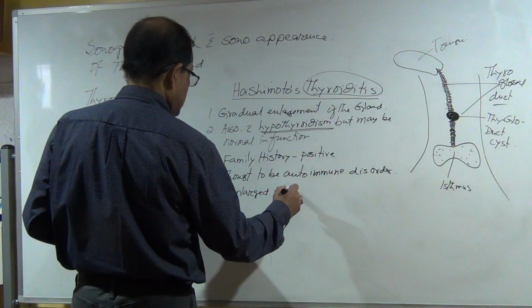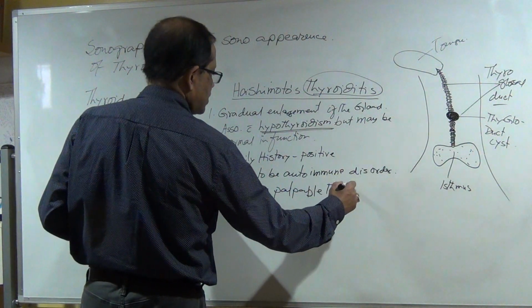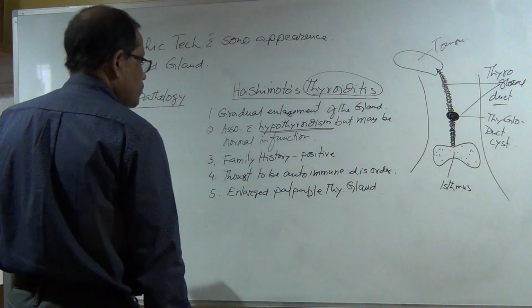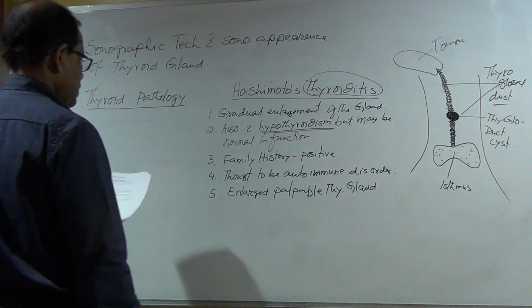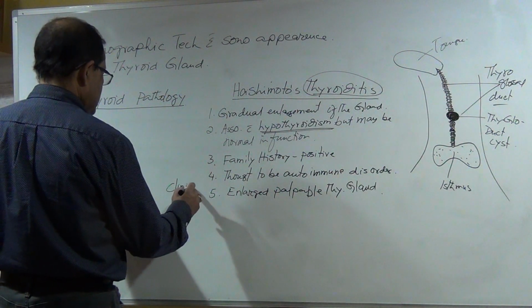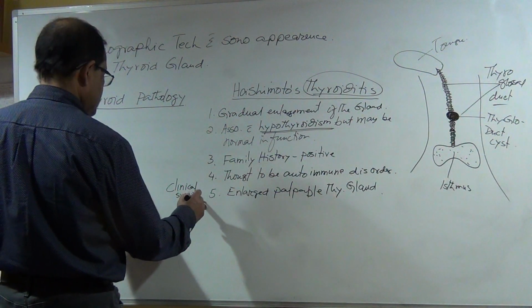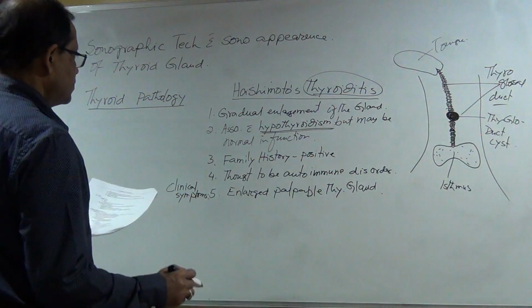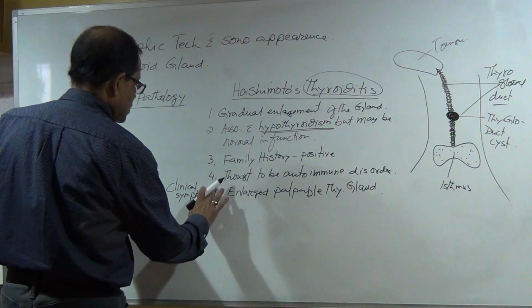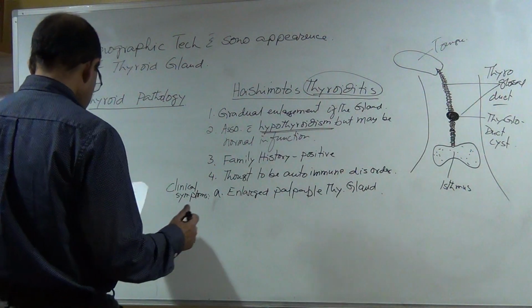Better to put numbers, or A, B, C, D. A, enlarged palpable thyroid gland.